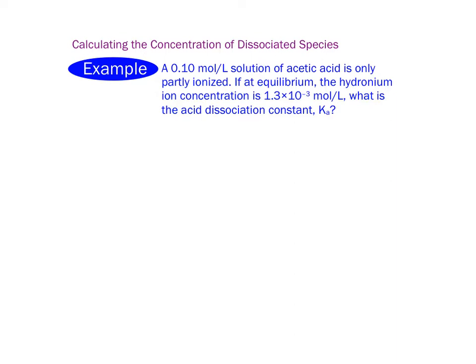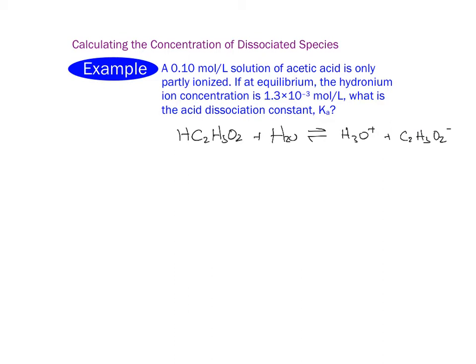So again, we're going to start by writing out the chemical equation. So we're going to start off with acetic acid, which is going to be HC2H3O2 plus H2O, and that's going to give us H3O plus, the hydronium ion, and the acetate ion, which would be C2H3O2 minus.